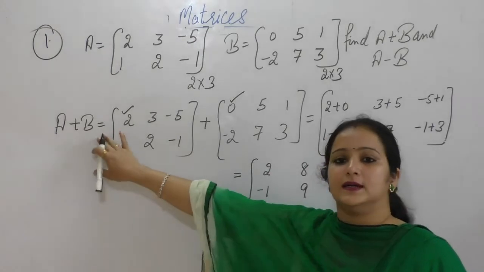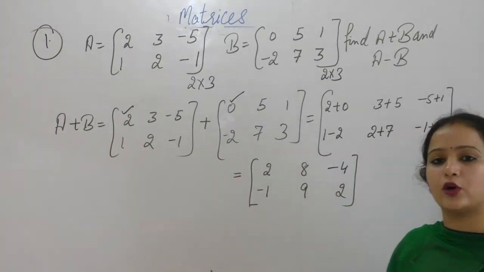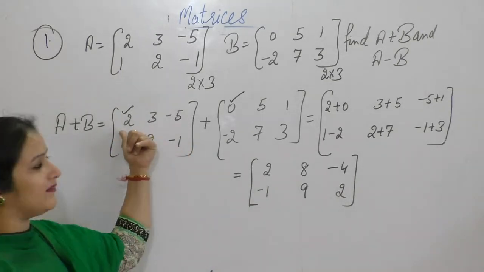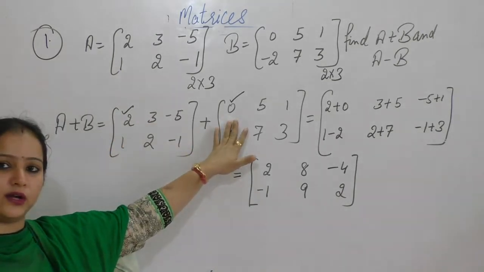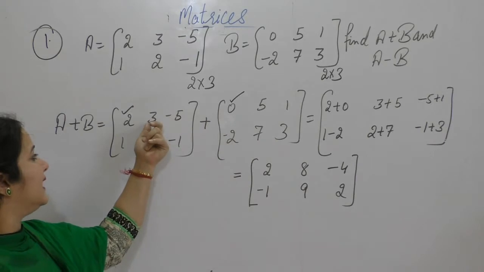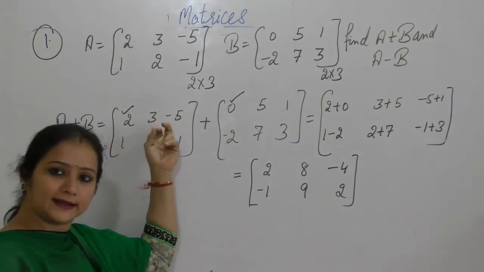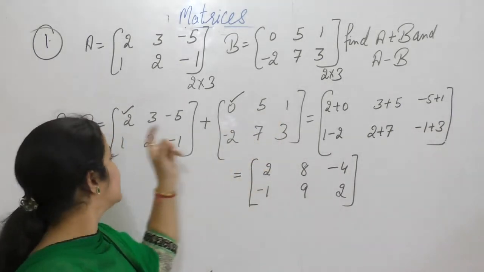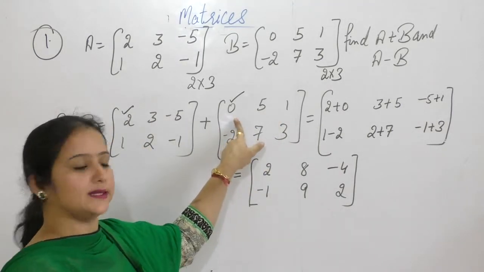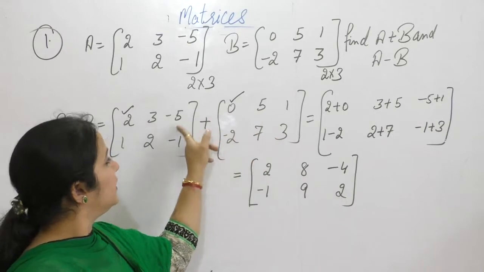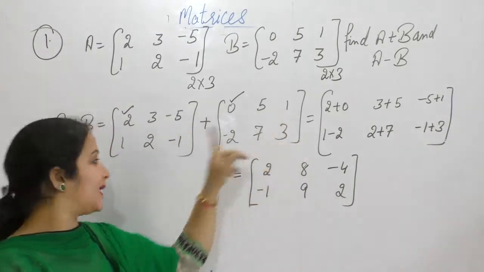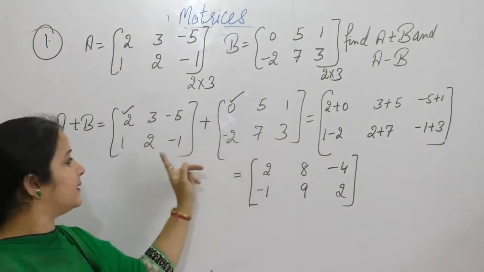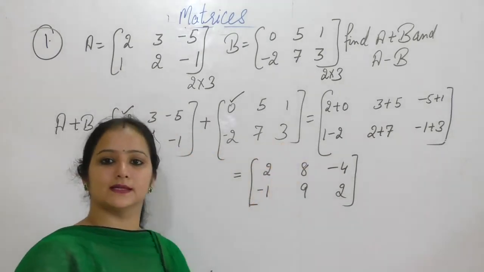In A plus B, the same elements of the corresponding matrices are added: A11 plus A11 of B matrix, A12 of A matrix plus A12 of the second matrix. So we get 2 plus 0, 3 plus 5, minus 5 plus 1, 1 plus minus 2, 2 plus 7, minus 1 plus 3.